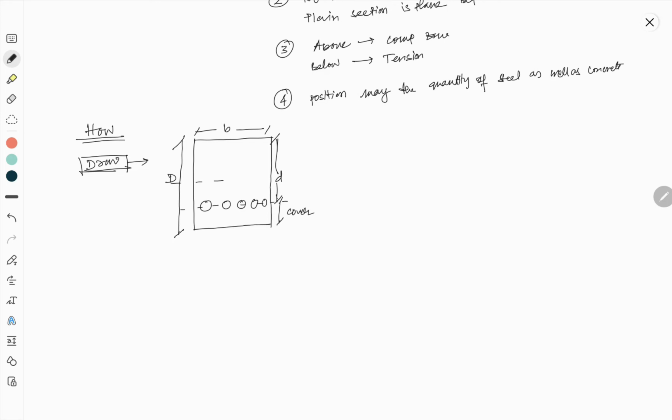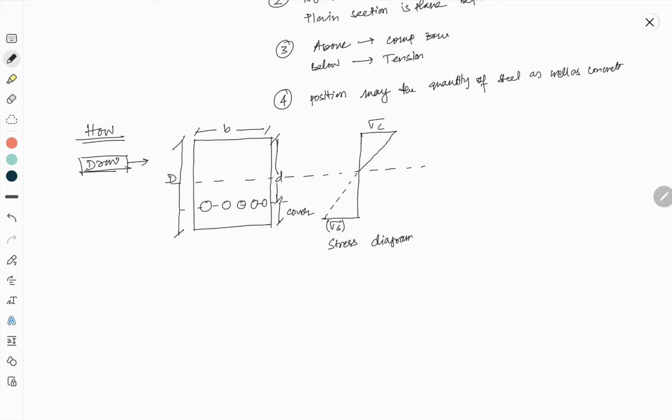If neutral axis is assumed, then this is the stress diagram. This is sigma s, this is sigma c.